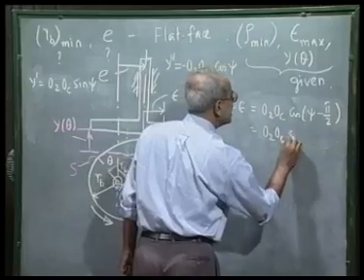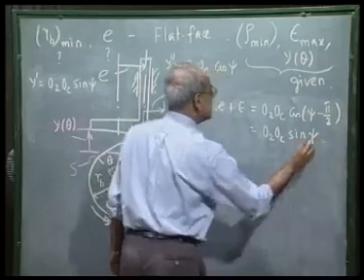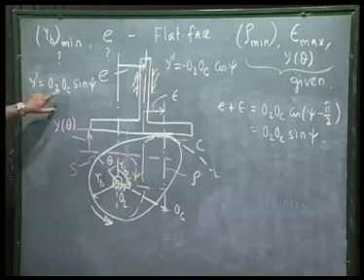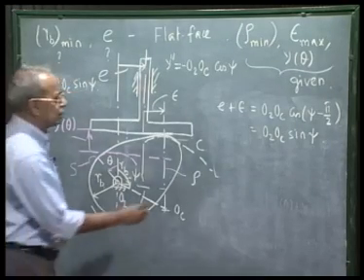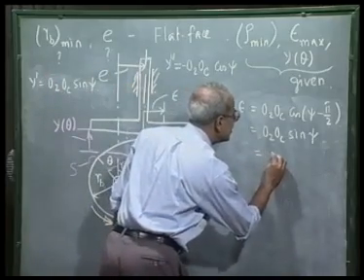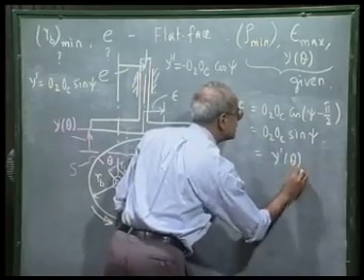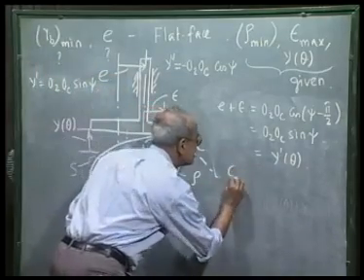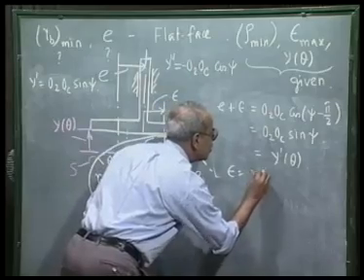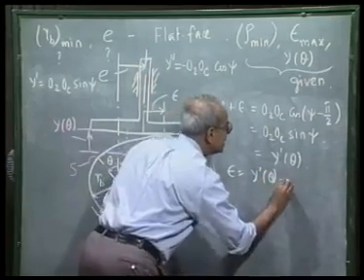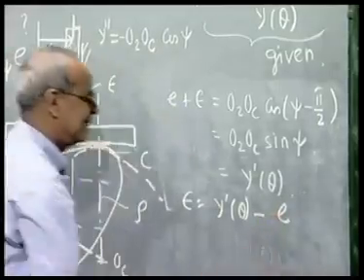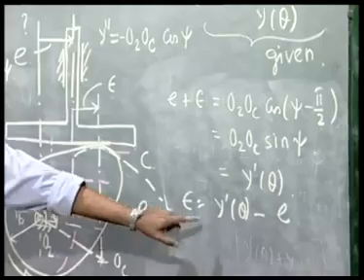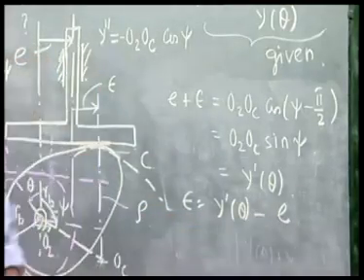O2 OC is sin psi. And here we just now proved that dy d theta is nothing but O2 OC sin psi. So this I can write y prime theta. So epsilon is y prime theta minus E. The eccentricity of driving effort is governed by this y prime theta and the offset E.